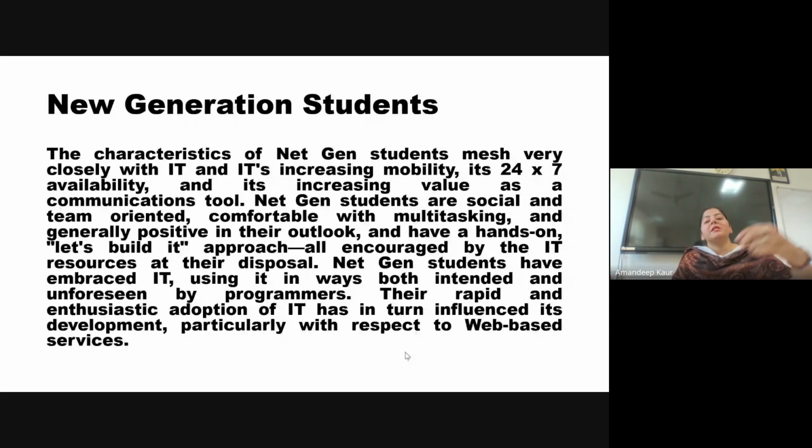And at the same time, when it comes to the specific behavioral characteristics of this generation, those students are social by nature. Those students are competing with each other, but at the same time they are collaborating with each other. So they are helping each other in the development of the content, and they are helping each other with the submission of the different activities and assignments designed by the teacher.